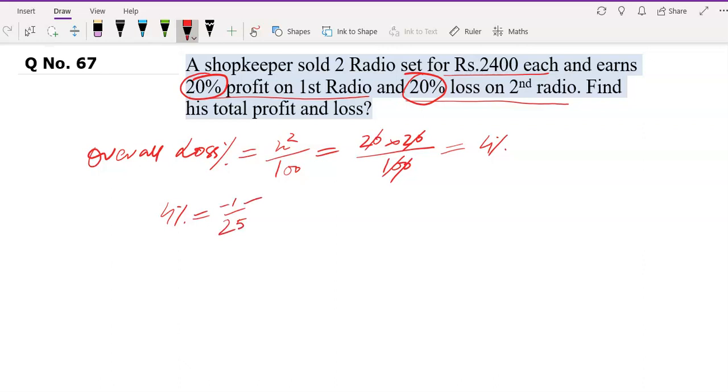There is a loss. So this is our loss and this is our CP. So our SP will be 25 minus 1, which is 24. Now our SP is 2400 each, so for 2 radio sets, 24 into 2, that means 4800 is our total SP.